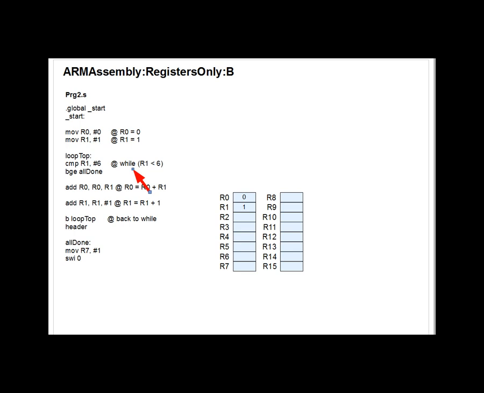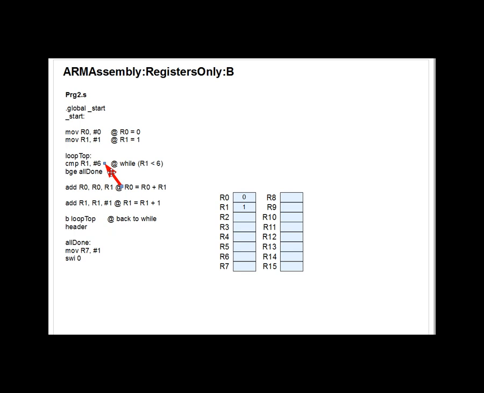It offers only branch instructions, which jump from one point in the code to another. For instance, the branch instruction B down here on line 14 makes the program jump back to line 8, which is labeled as loop top. It thus repeats lines 8 through 12 over and over again.